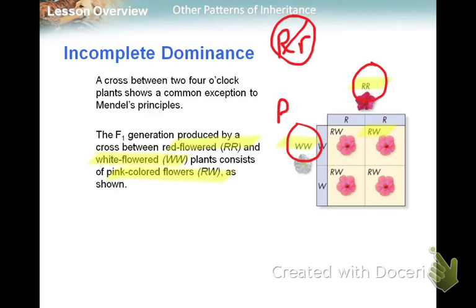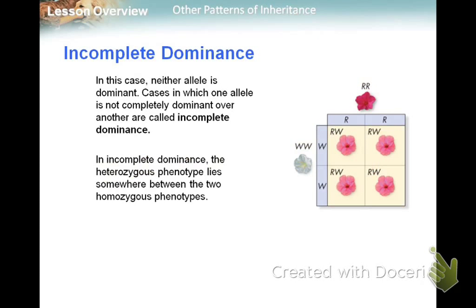So you could use R prime, little apostrophe. And so then your heterozygotes here would be R primed. You see that in some textbooks. This textbook has the R and the W to indicate incomplete dominance. Whatever one makes the most sense to you, I don't care. It's up to you what makes it easiest for you.